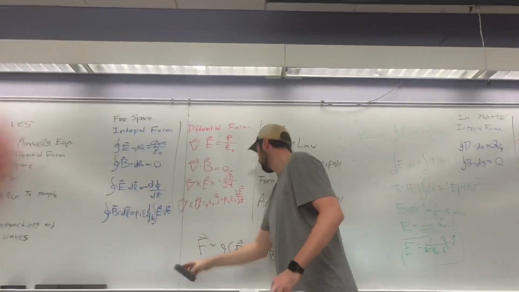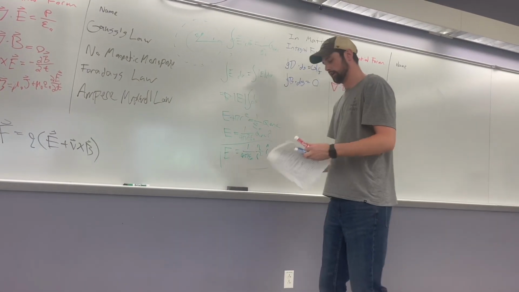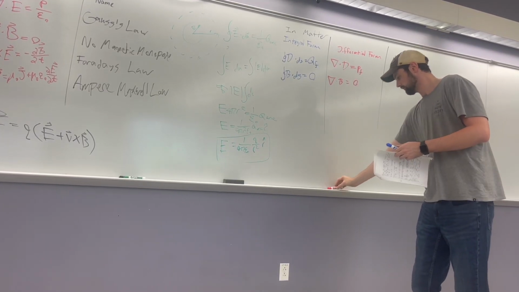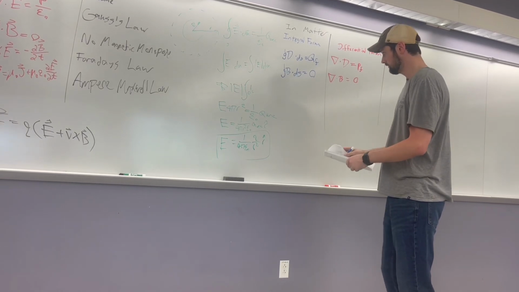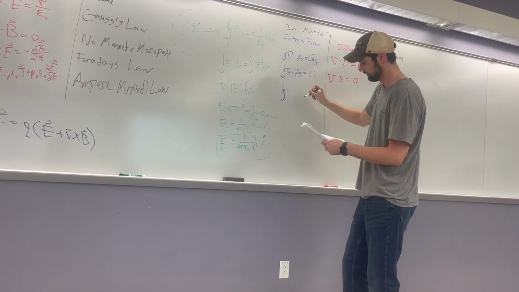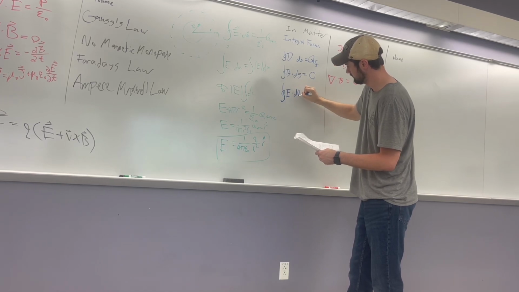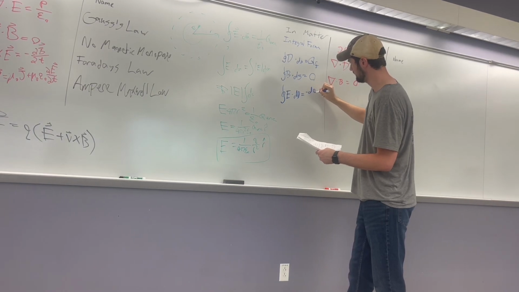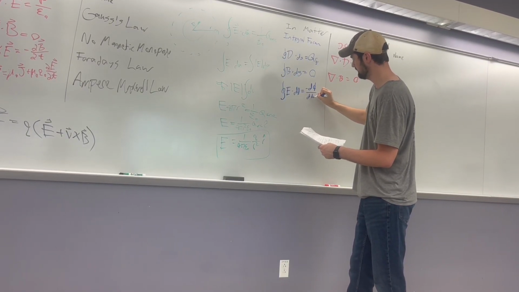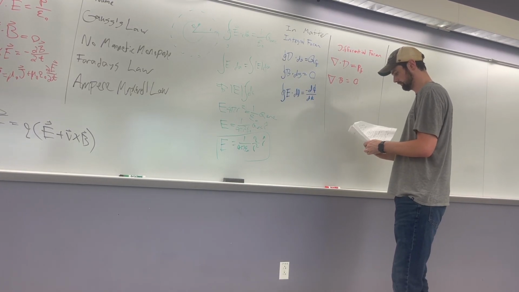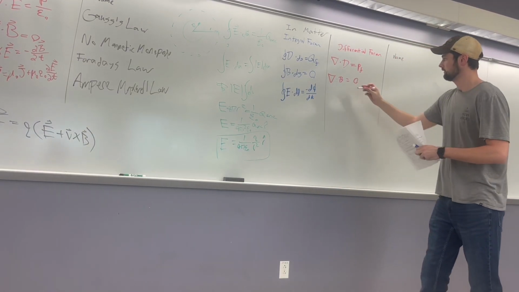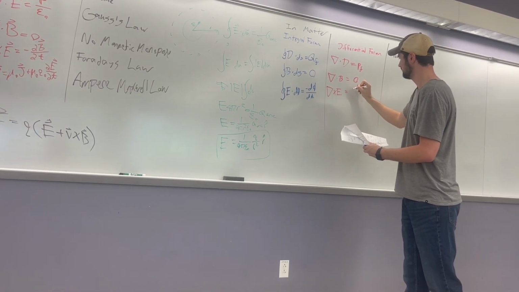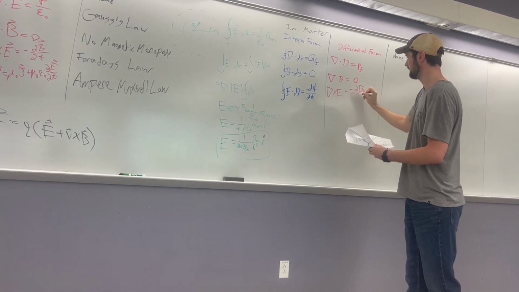And then for Faraday's law, we get the integral of E dot dl is equal to negative d flux divided by dt, and del cross E is equal to the negative partial of B with respect to t.